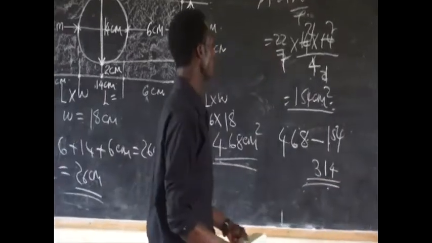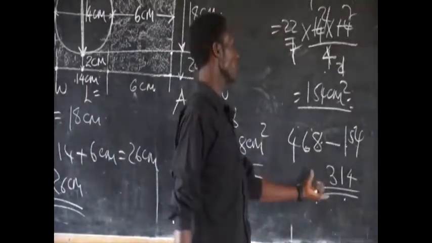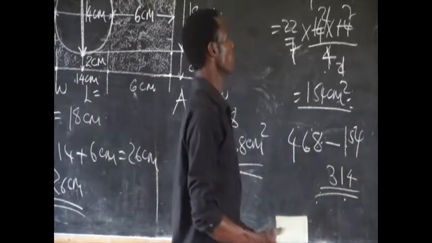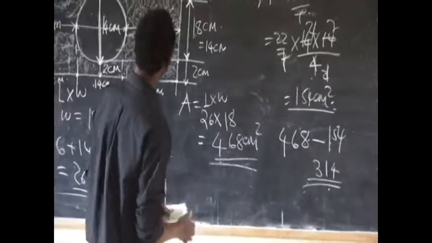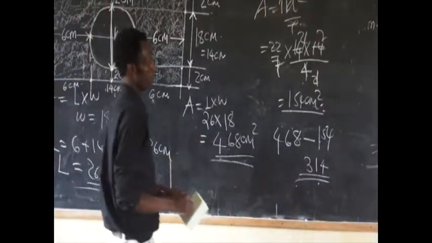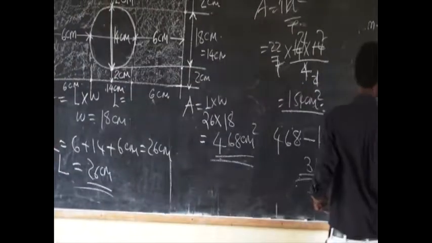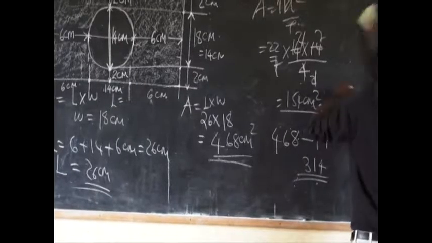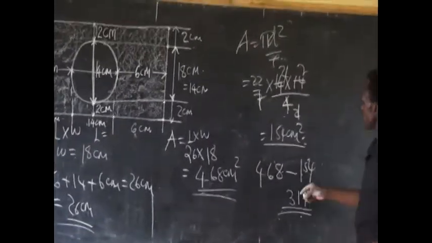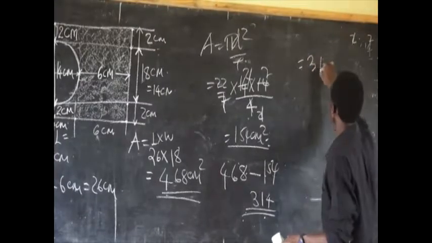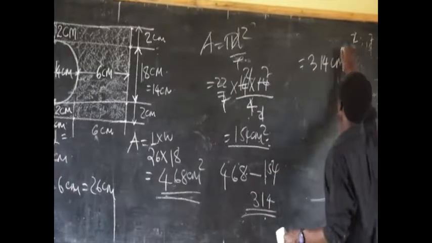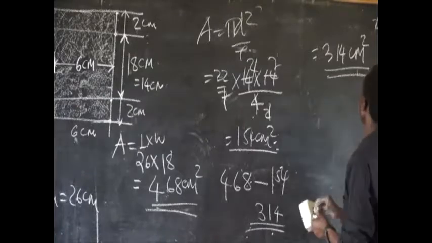So 314 is the answer. This is called the area of the shaded shape. The shaded area is equal to 314 centimeter square.